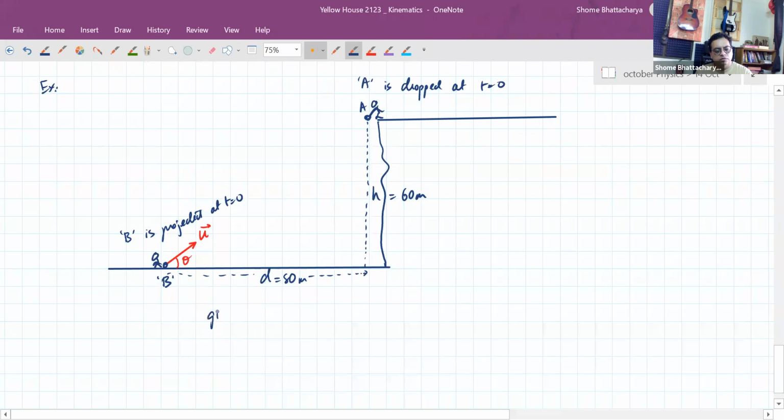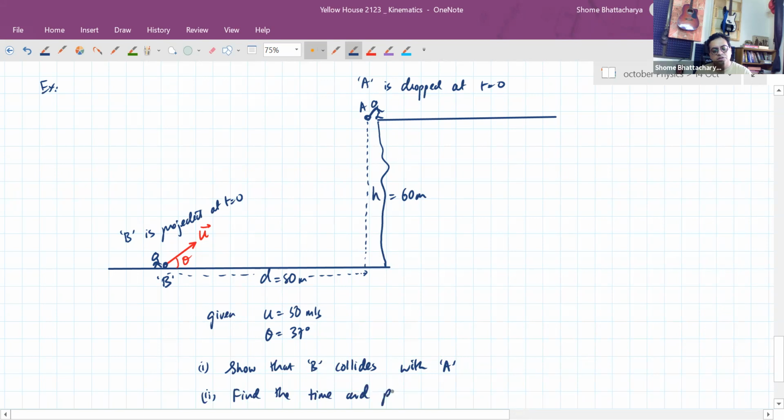Given that this projection speed is 50 meters per second and the angle at which it is projected is 37 degrees, first of all, show that B collides with A, and find the time and position of this collision.